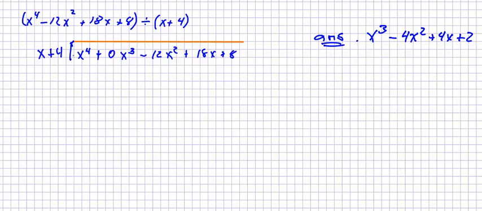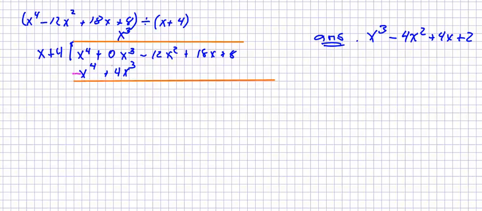All right, x goes into x to the fourth, x cubed times x, x to the fourth plus 4x cubed. Draw a line, and we subtract.